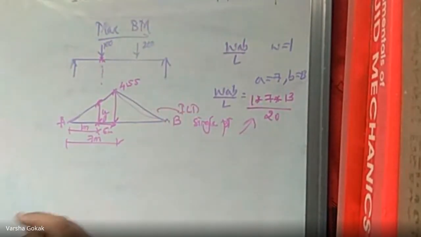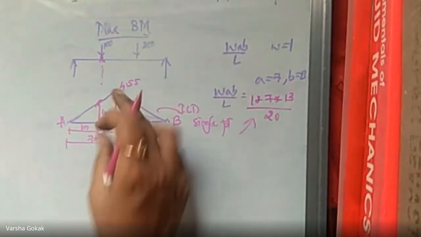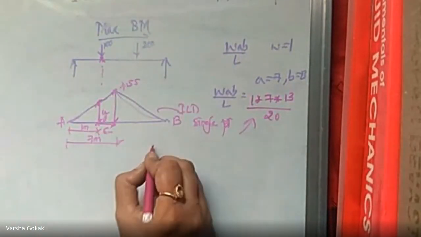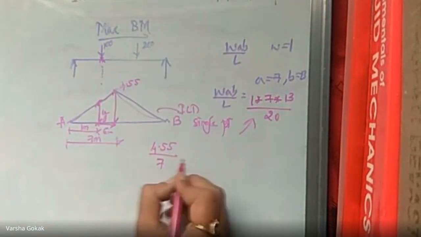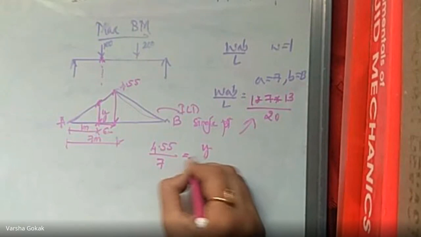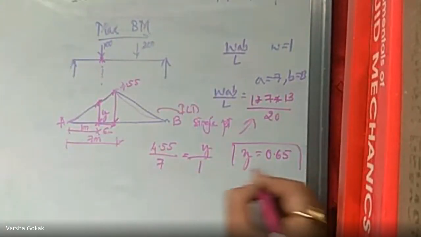Based on this, calculate from the similar triangle. 4.55 divided by 7 will be equal to Y divided by 1. So what is the value of Y? 0.65. You get 0.65 as the value of Y.